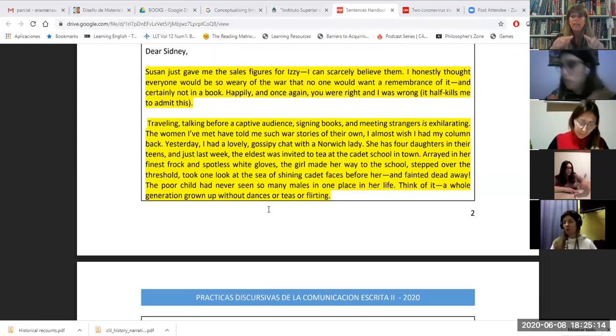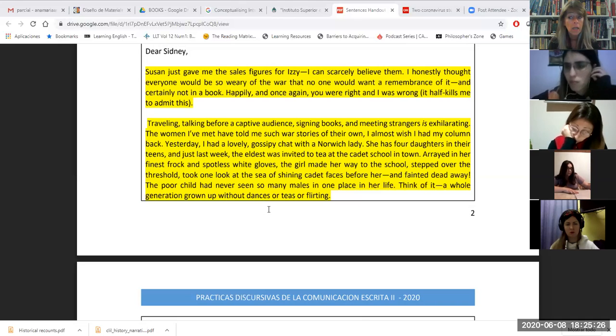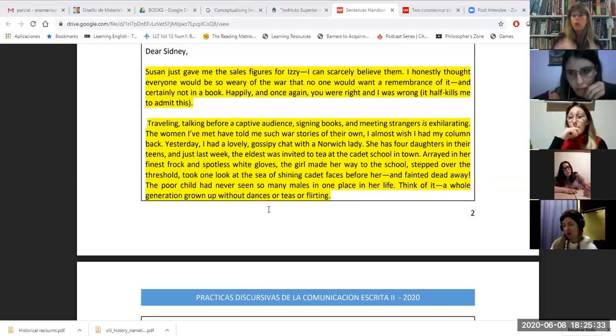Okay, so what kind of sentence is this one? It's a complex. Okay, but we said that it is also a compound one because there is another thought.